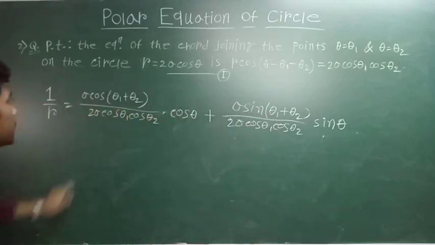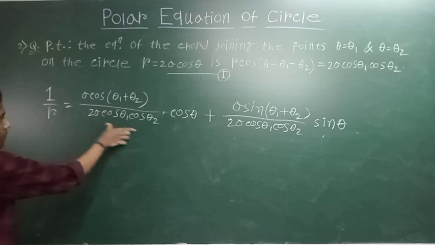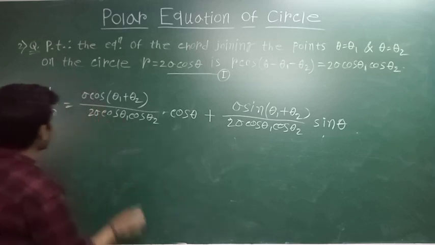It's very easy, just multiply both sides by 2a cos theta 1 cos theta 2.